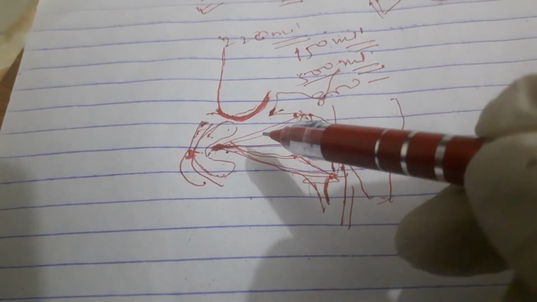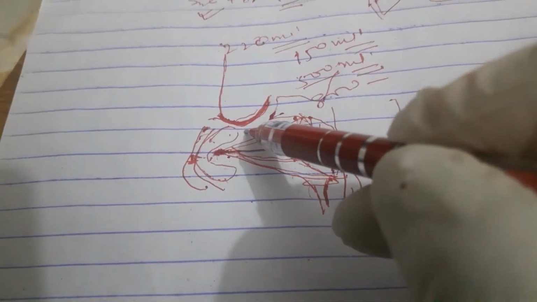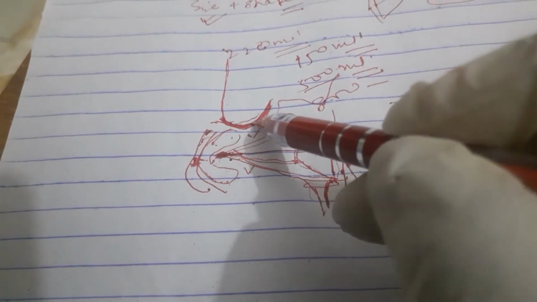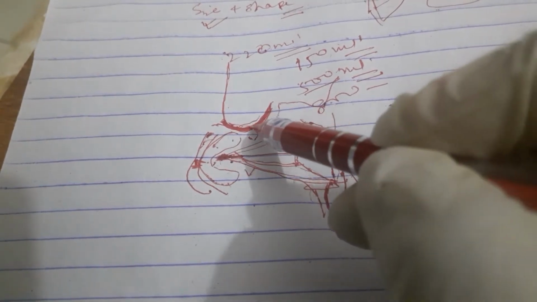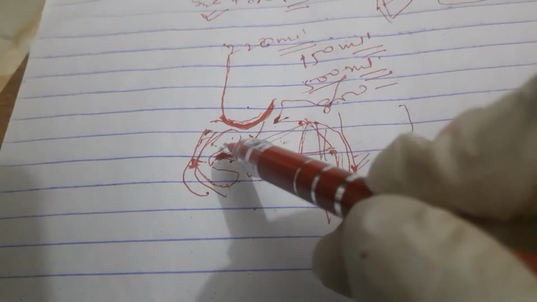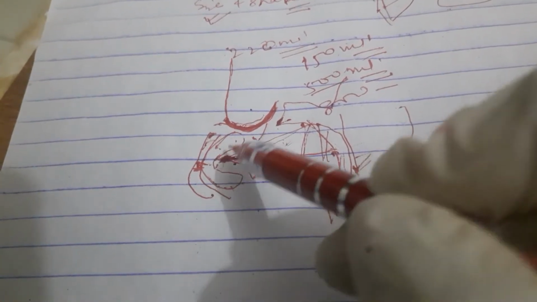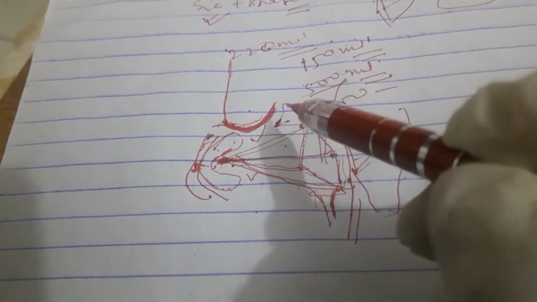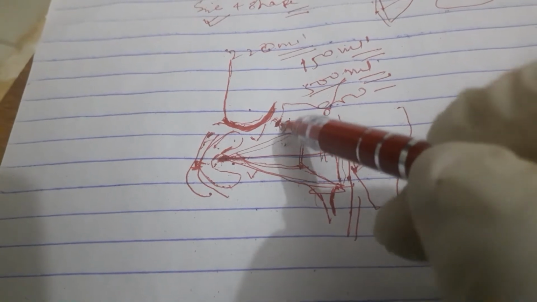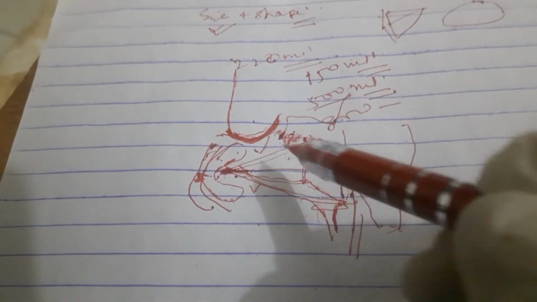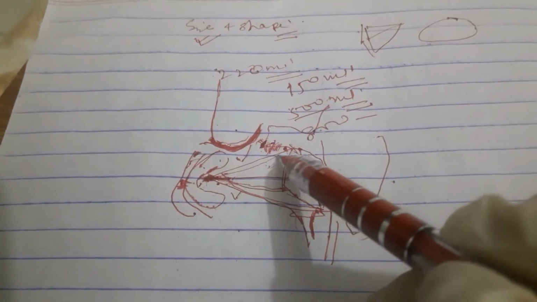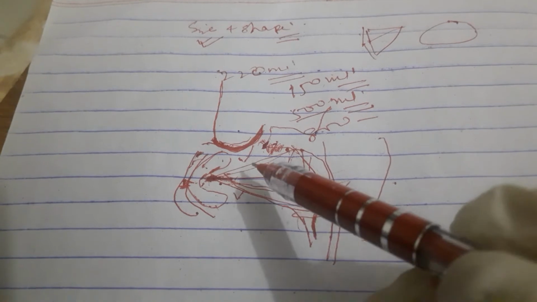Superiorly, there is the peritoneal fold forming the paravesical fossa, on this side and this side as well. Anteriorly, there is the pubic symphysis and the body of the pubis. Laterally, there is the fossa covering the levator ani and the obturator internus. Medially, there is the inferolateral surface of the urinary bladder.